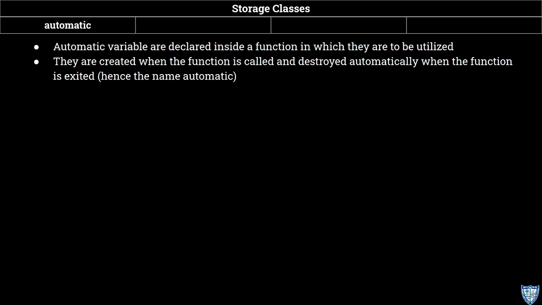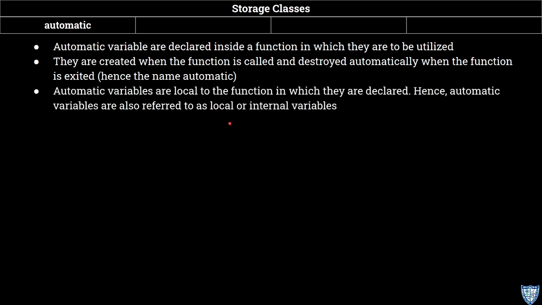So here also the previous example you can take. When you declare a variable a inside the function a, it will be created when the function is called and it will be destroyed when the function is exited. So they are known as automatic variables. One more point we have to notice is that automatic variables are local to the function in which they are declared.